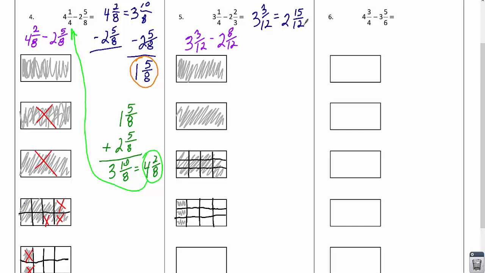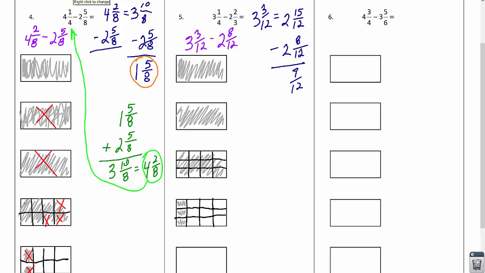That's the rename game. We're taking away 2 and 8/12. Now we have enough 12s. Before we were trying to take away 8/12 from 3/12. Not enough 12s. We needed more 12s. Now we've got plenty of 12s. Now we can do 15 take away 8 is 7. So we have 7/12. And the 2, take away the 2, gives us 0.